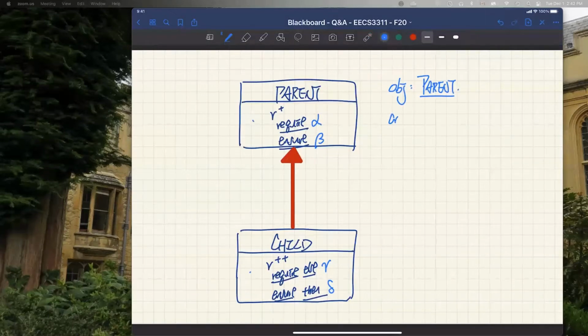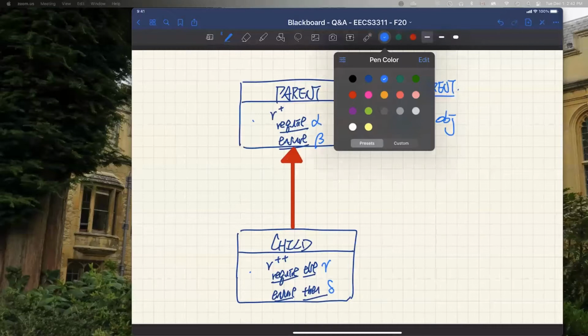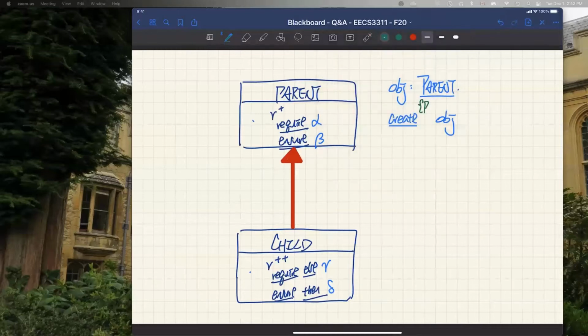Let's just do one by one. Let's say I do create over here, and then I simply say object. If I simply omit the curly brackets, it will be as if I simply put parents over here, right? Let's keep that over there to remind you. After this, let's say we call object.routine.